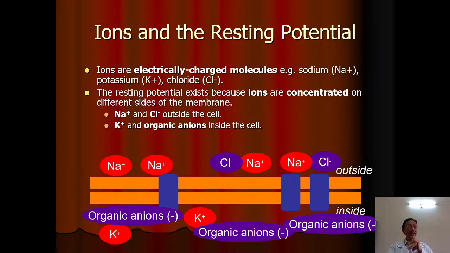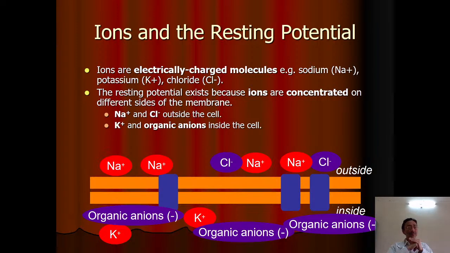Now, if the membrane becomes permeable only to potassium ions, there is a diffusion occurring for potassium ions from inside to outside. Why is there a diffusion occurring? Because the concentration of potassium inside is more than outside.